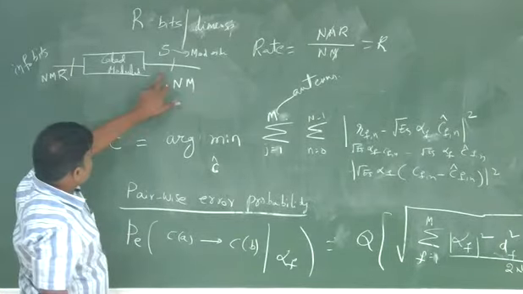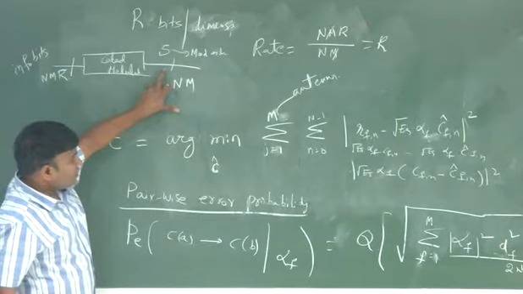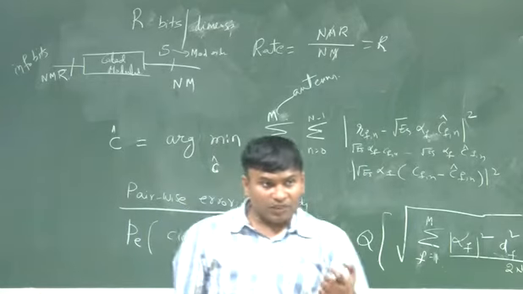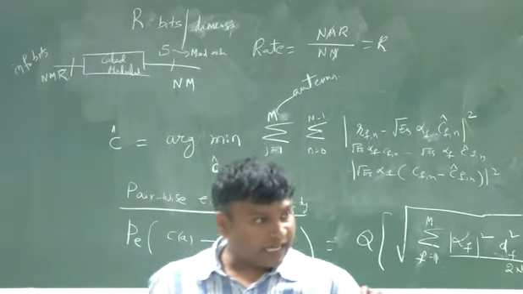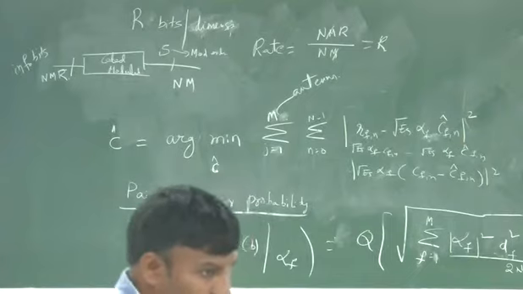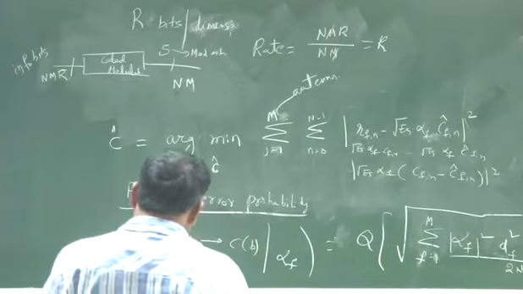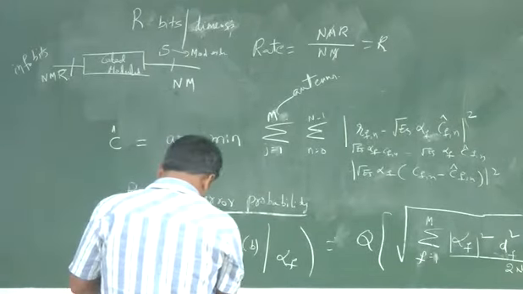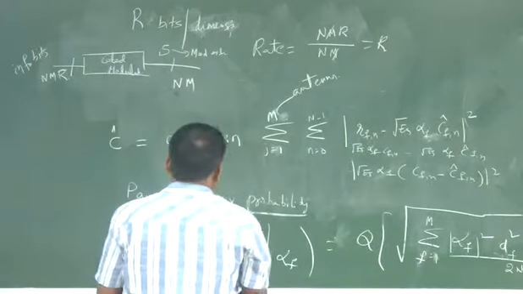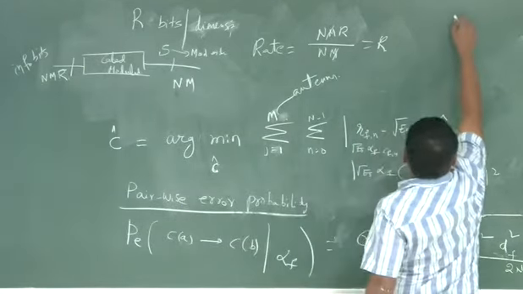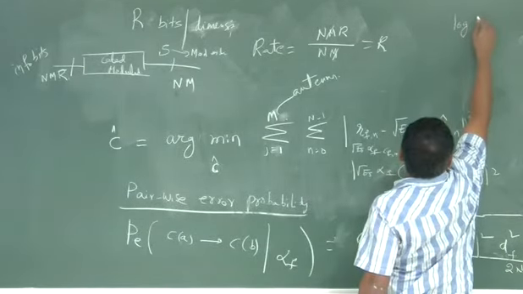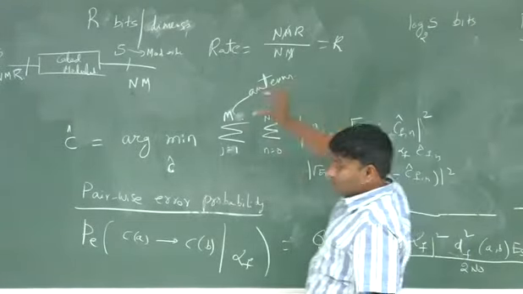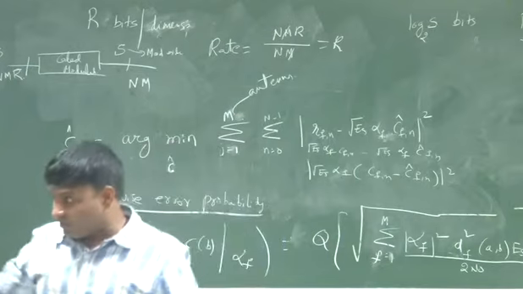In each symbol, in each epoch, we send one complex valued modulation alphabet, which carries logarithm of S base 2 bits, right? How many bits does it carry? It carries logarithm of S base 2 bits in one time epoch or whatever the unit of transmission.